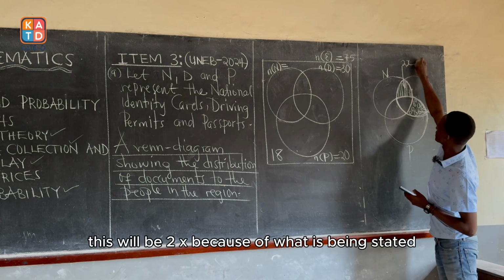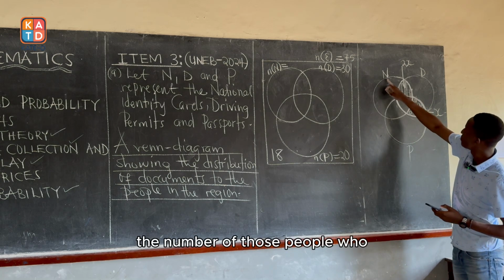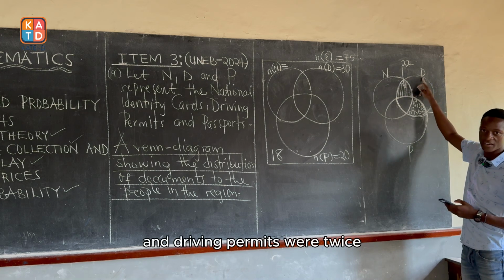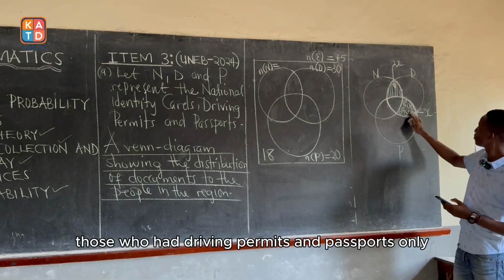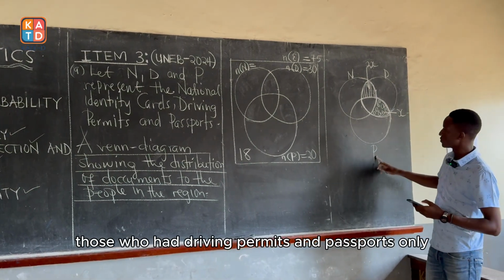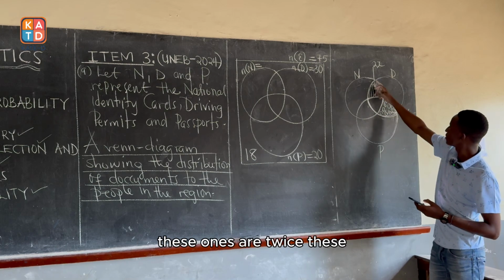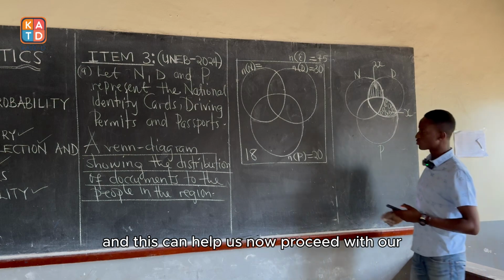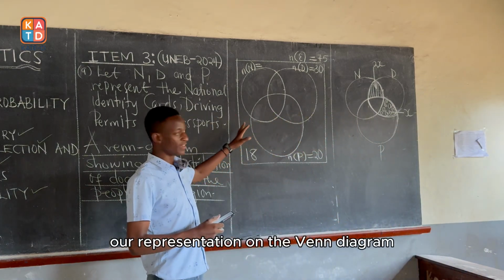This will be 2X because of what is being stated. The number of those people who had national identity cards and driving permits were twice those who had driving permits and passports only. So this analysis tells us that these ones are twice these. And this can help us now proceed with our representation on a Venn diagram.